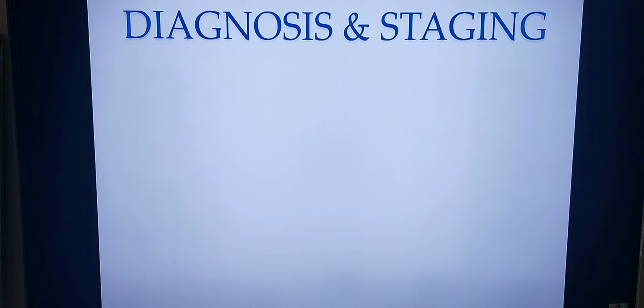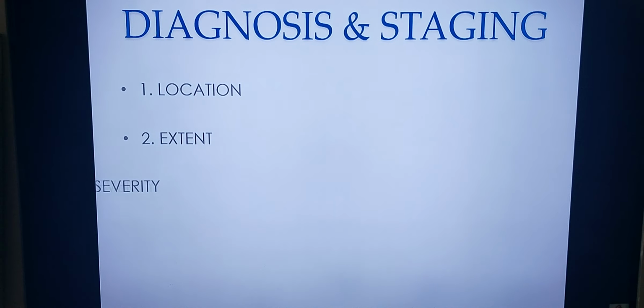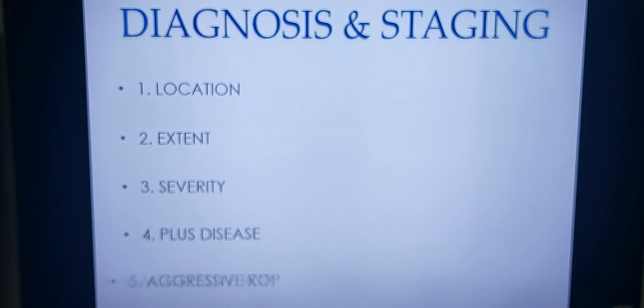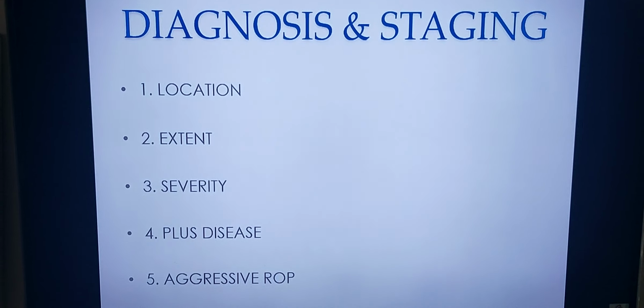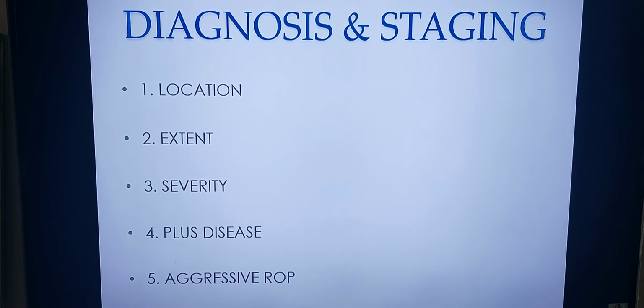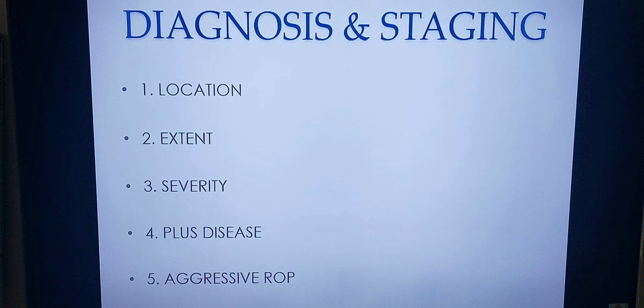Moving on to the diagnosis and staging, there are 5 very important points when we come to diagnosing and staging retinopathy of prematurity: the location, the extent, the severity, whether or not plus disease is present, and whether or not aggressive ROP, or rush disease, is present.